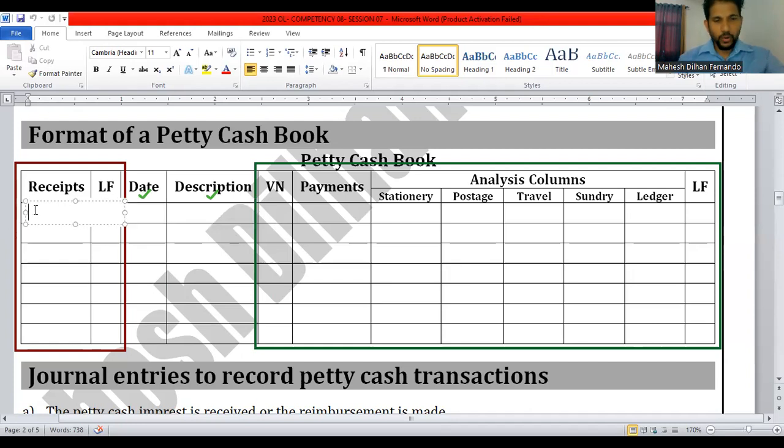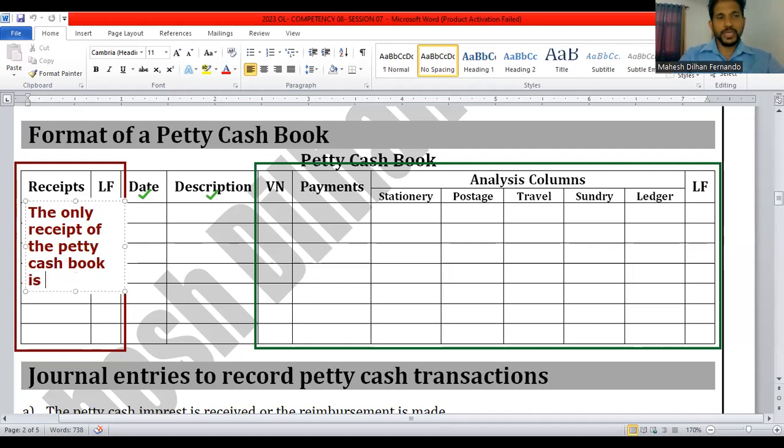The only receipt of the petty cash book is the imprest received from the main cashier.